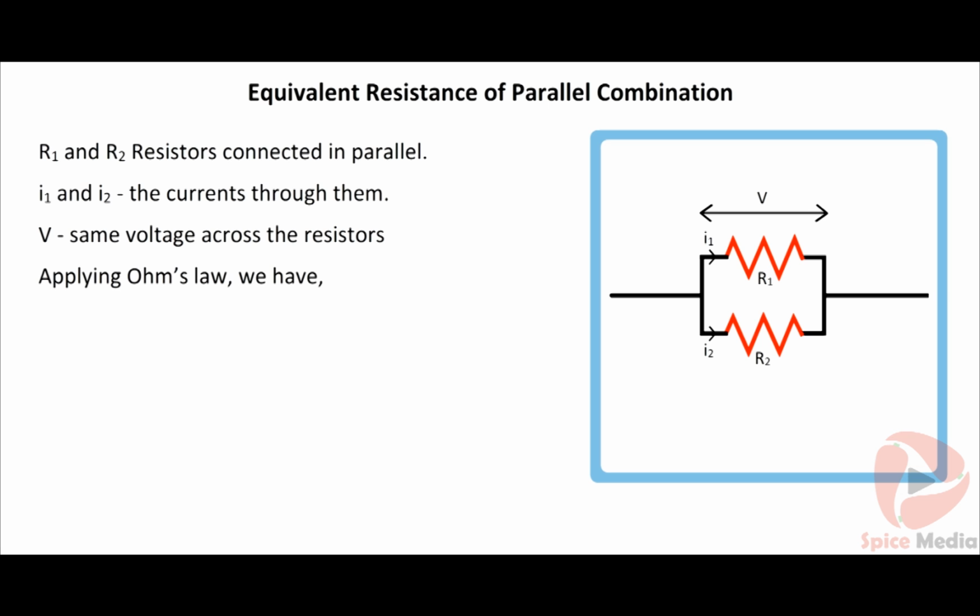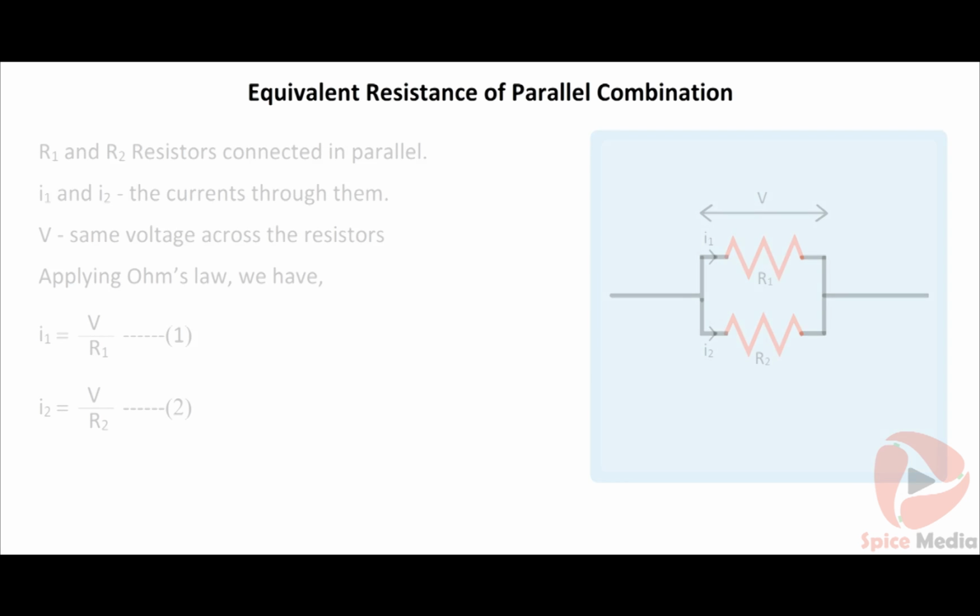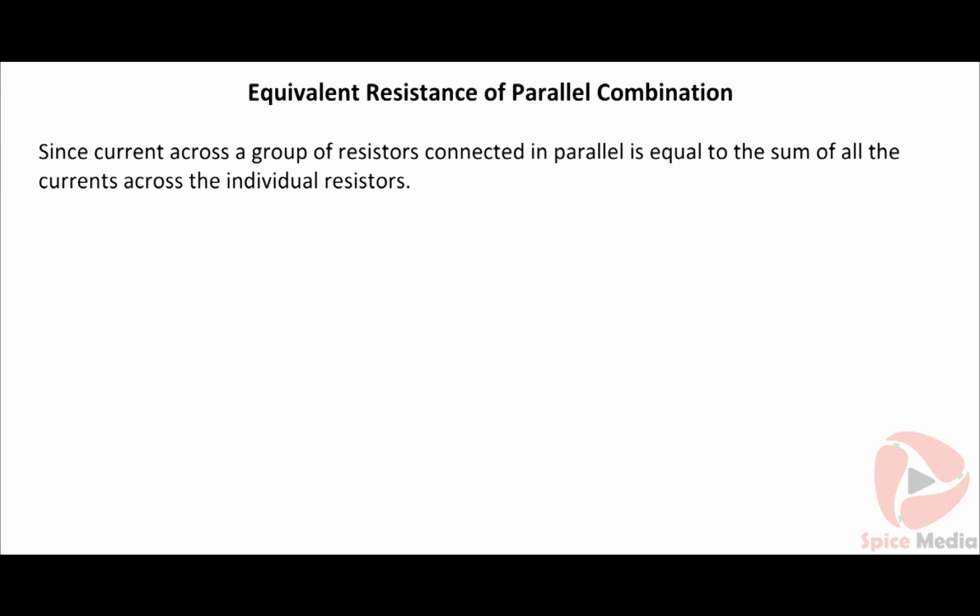Applying Ohm's law, we have I1 is equal to V divided by R1, I2 is equal to V divided by R2. Since current across a group of resistors connected in parallel is equal to the sum of all the currents across the individual resistors, Ip is equal to I1 plus I2.